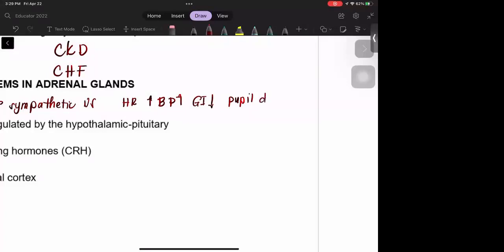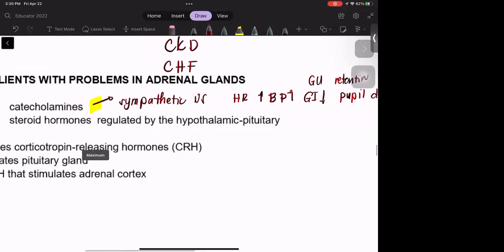Okay, class, it would have pupillary dilation. Okay, what else? GU, genitourinary. Okay, it leads to retention. Kaya, list sa ulo niyo ang mga simpa at parasympathetic response niyo.